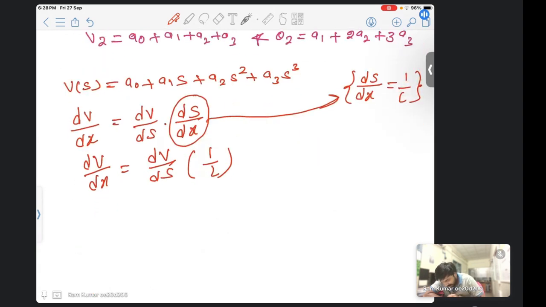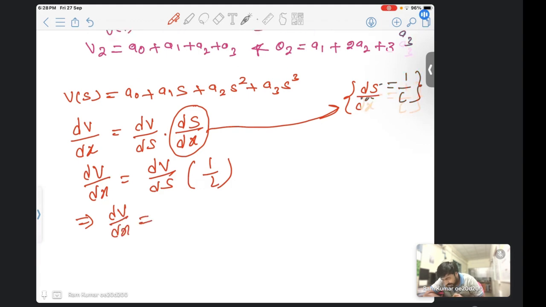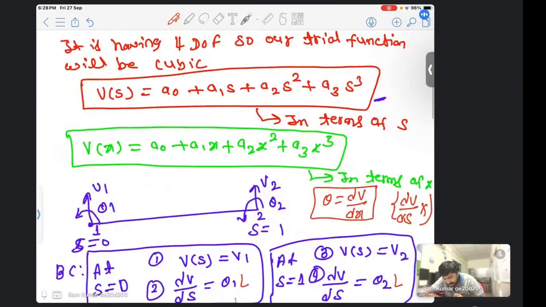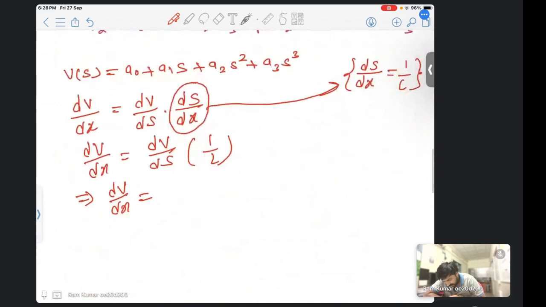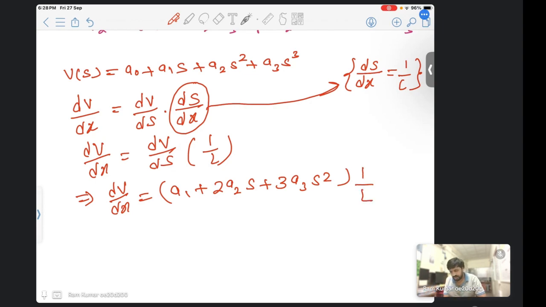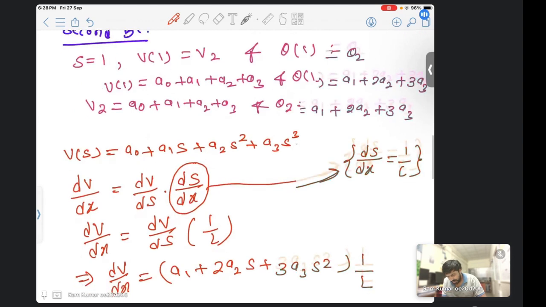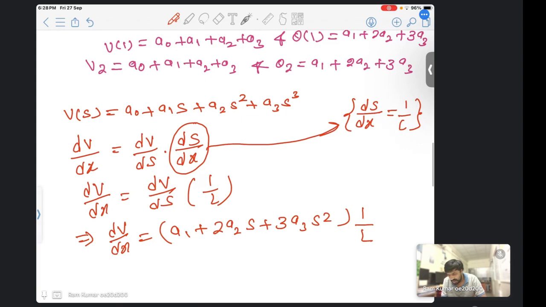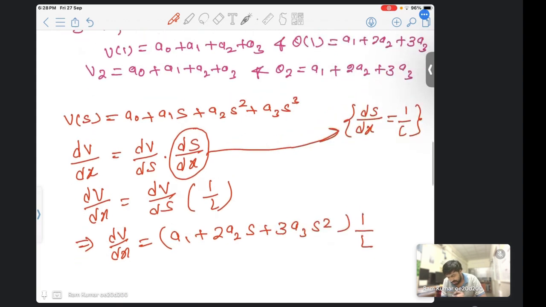So this dv by dx equal to dv by ds. What we have to find is dv by dx, so a1 plus 2a2s plus 3a3s square into 1 by L. Okay. So at s equal to 1 is at x equal to 1.